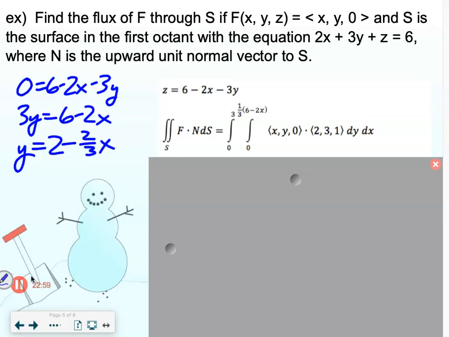Okay, if we were to sketch the region bounded by this graph and the two axes, that triangle would be what we're integrating over. So I would go dy dx, where y is going from 0 to this line, and x is going from 0 to whatever that x value is, which if you set y equal to 0, you get x equals 3. So you're going from 0 to 3.